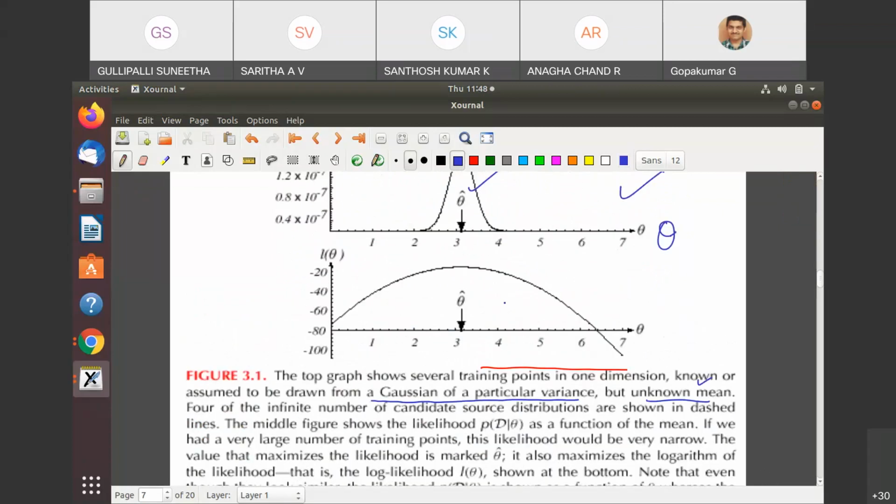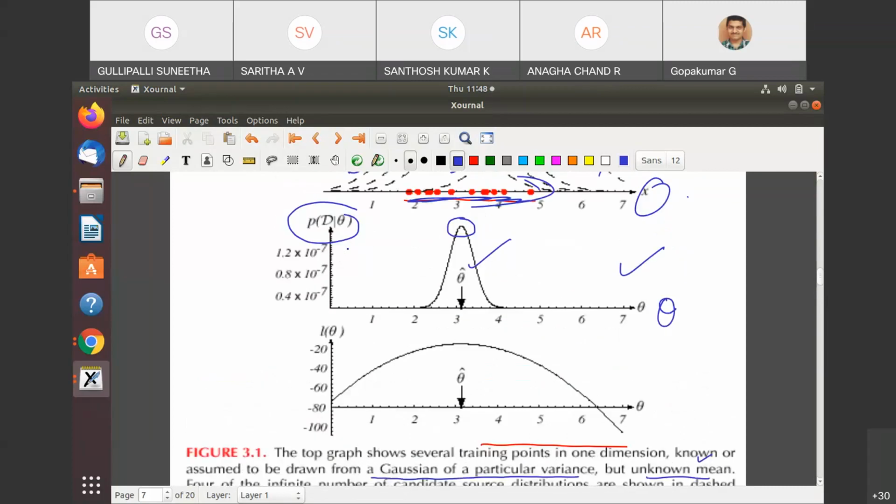For calculation and analysis purposes, it is usually better to take the log of this probability function, which we call the likelihood. It is called the log likelihood, a common terminology, and is represented as L of theta.